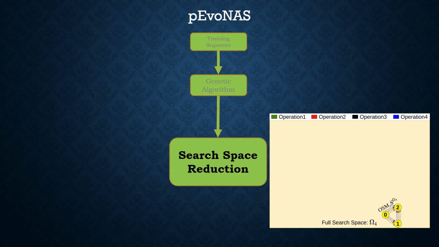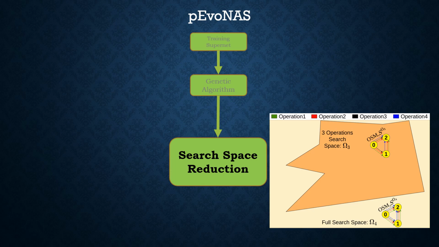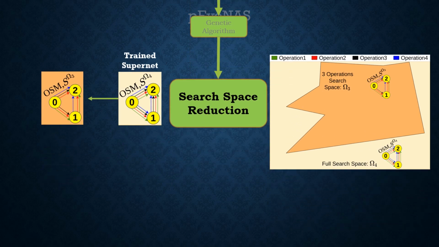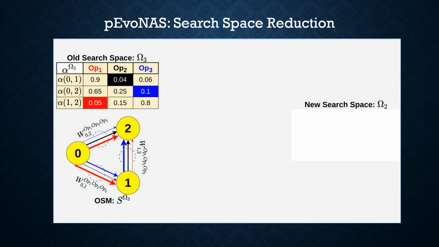Now, how do we perform this search space reduction? Let's say we want to reduce the search space from 4 operations to 3 operations. So for the newly smaller search space, we also have to create the smaller supernet.